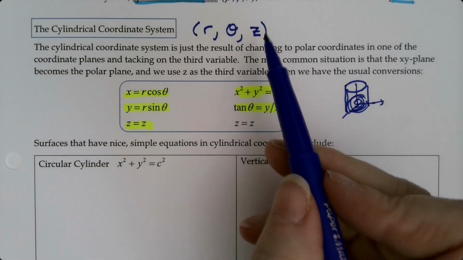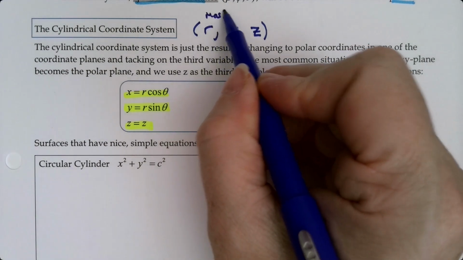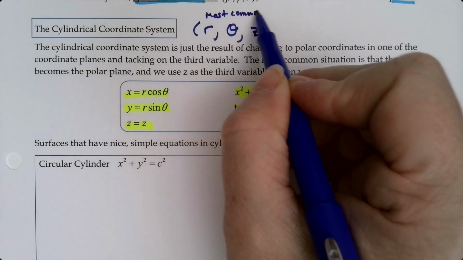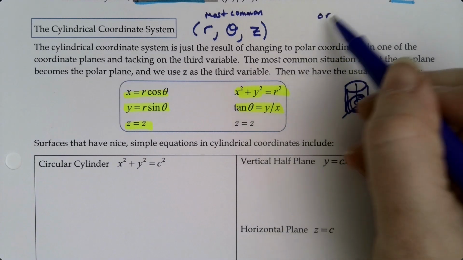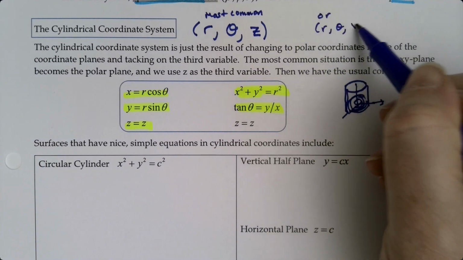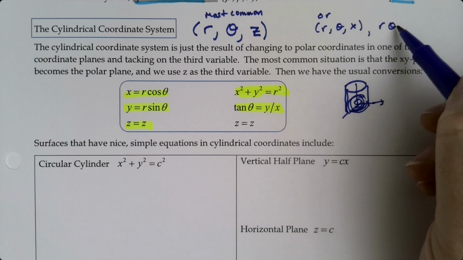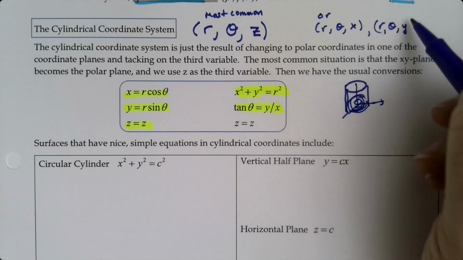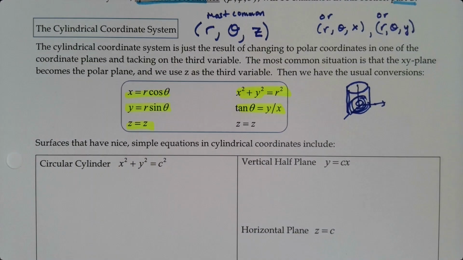That's the most common, but you can also do it in other directions. You could do r theta x or r theta y, depending on how you set up your 3rd dimension. Is your 3rd dimension z? It most often will be, but it does not have to be.